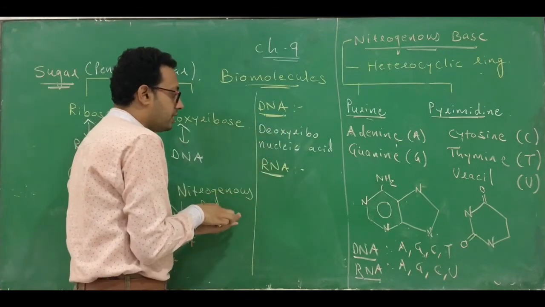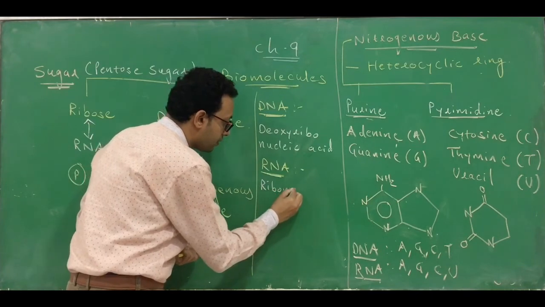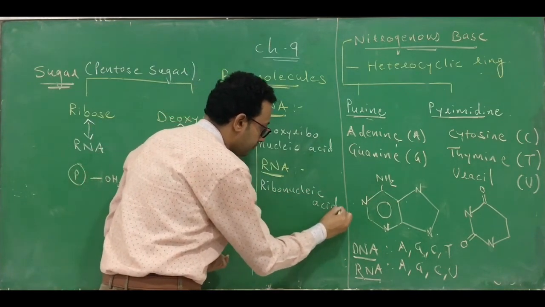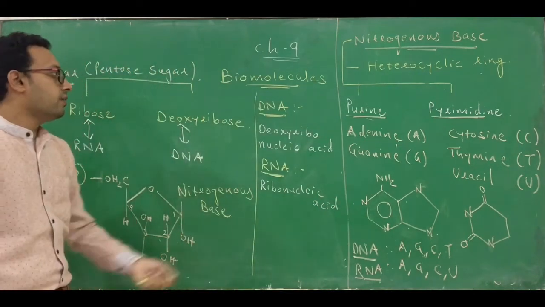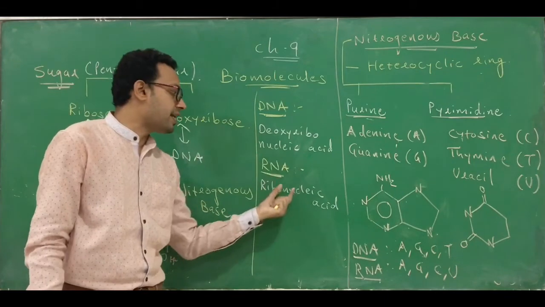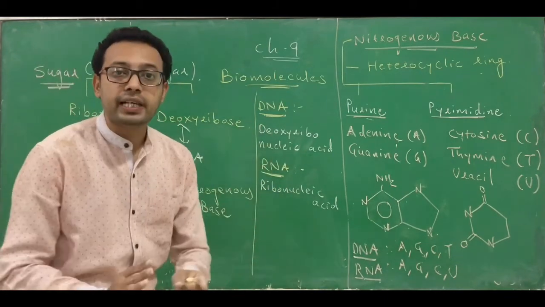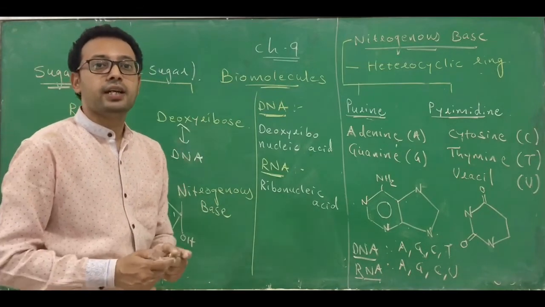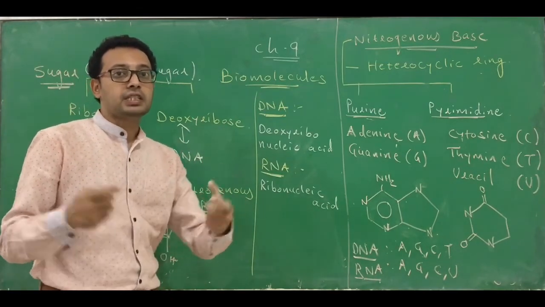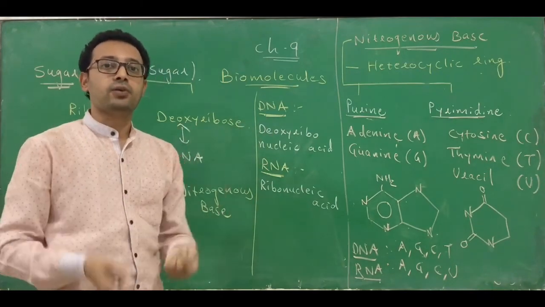It is called ribonucleic acid. Now, DNA is deoxyribonucleic acid, RNA is ribonucleic acid. As I have already told you, nucleic acids are polymers of nucleotides. Polymer means many units of nucleotides join and form a nucleic acid.